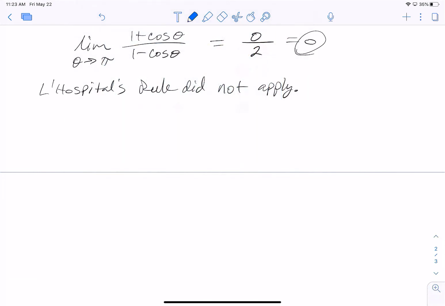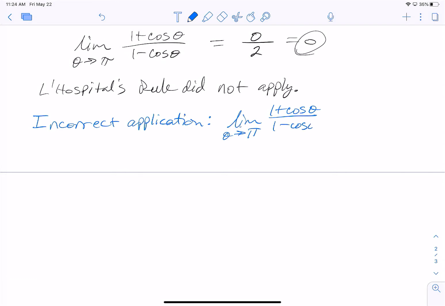What if we had used L'Hopital's rule? Can we just use it anyway, anytime? Well, the answer is no, and I'll show you what it looks like. Starting with the limit as theta approaches pi of 1 plus the cosine of theta over 1 minus the cosine of theta, if I apply L'Hopital's rule, then I have the limit as theta approaches pi of the negative sine of theta divided by the sine of theta.